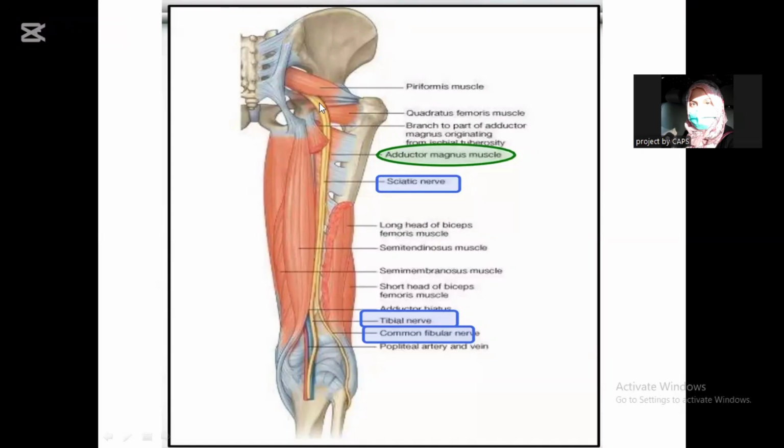The sciatic nerve comes out just below the piriformis muscle and travels down the leg, and it divides into two main branches, the tibial nerve and the common peroneal nerve. That will further supply part of the knee and then go down to supply the lower leg and the feet.